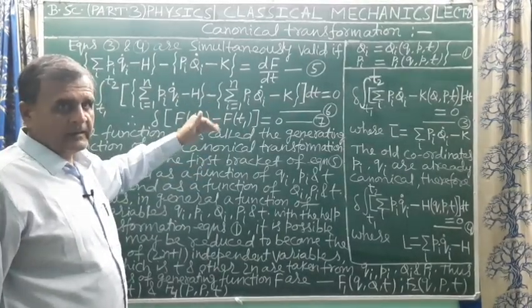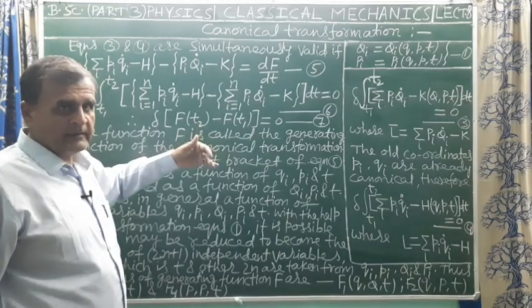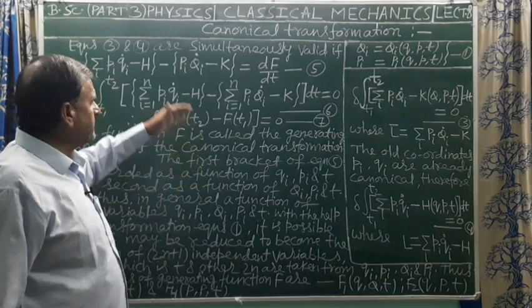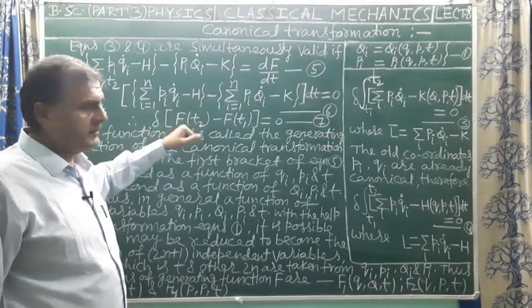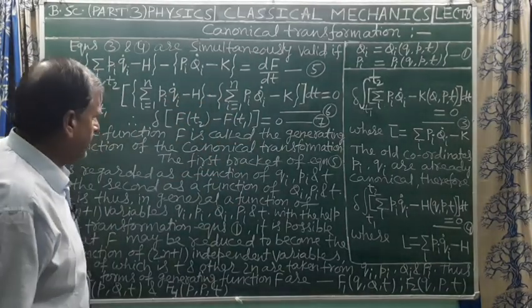Capital Qi is the position coordinate in the new coordinate system. Capital Pi is the momentum coordinate in the new coordinate system, and t is the time.